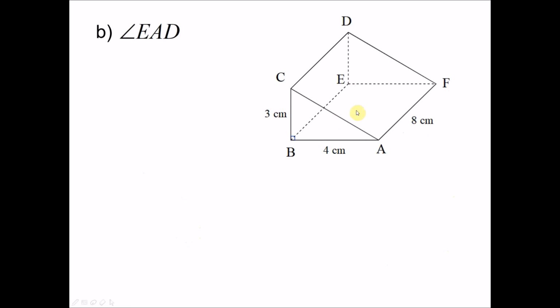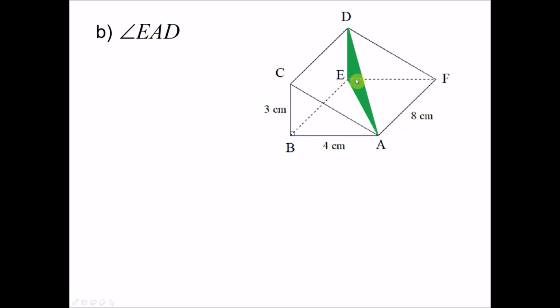Now we are looking for the angle EAD. It is clearer if we try to draw EAD using lines here. You can see that this angle is formed from the two green lines. We look at the area formed from EAD, which is colored green here. It is another right-angled triangle because DE and EA form a right angle here, and DA is here.